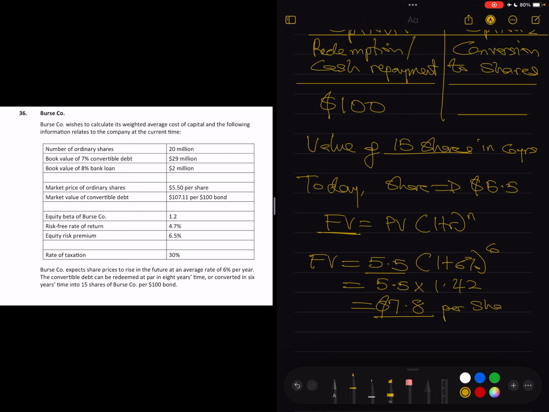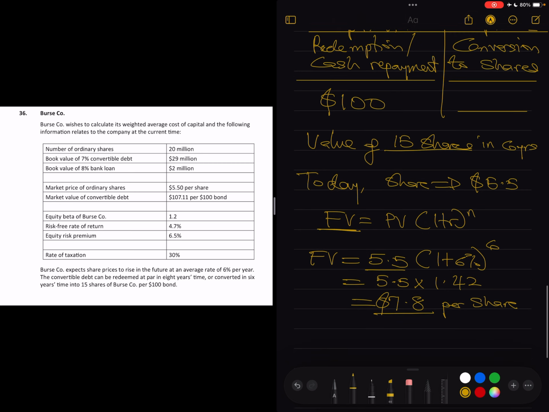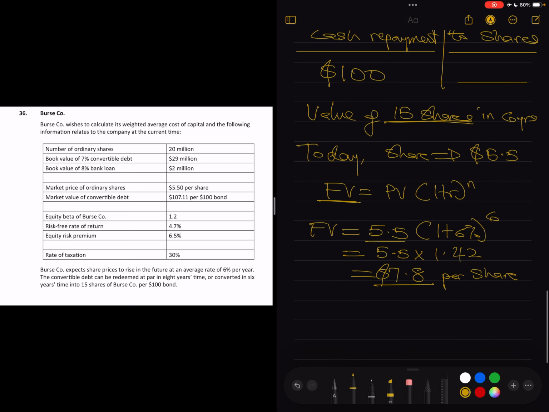So in 6 years' time, the share price will be 7.8 per share. And for each bond, you will get 15 shares. So if you're going to get 15 shares, so value of one bond, remember, because this one bond can be converted into 15 shares.